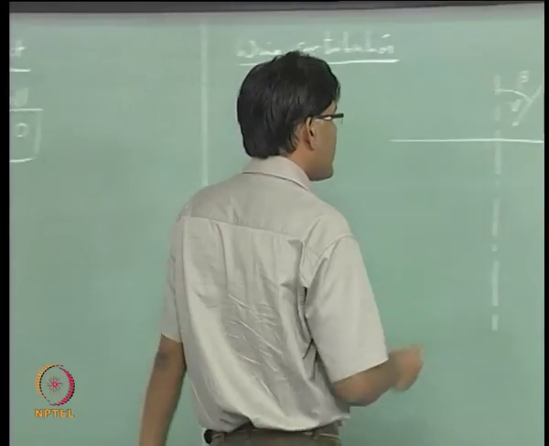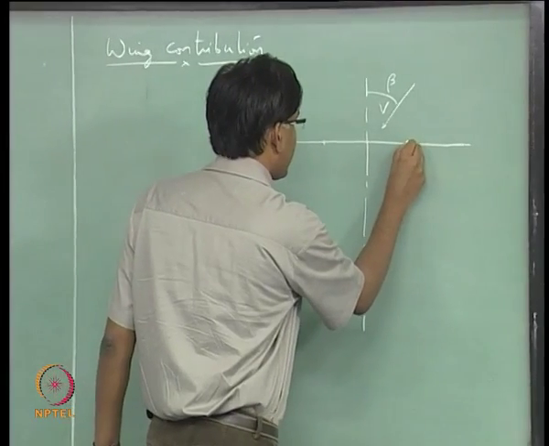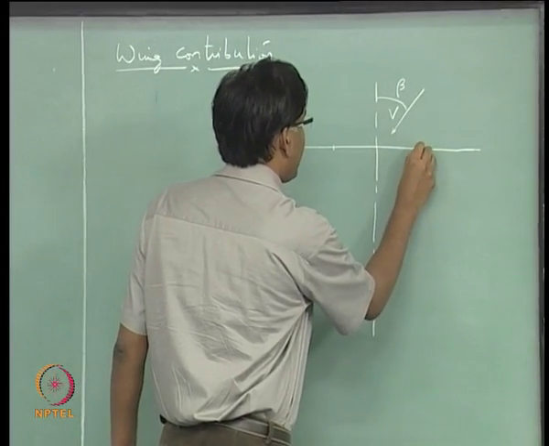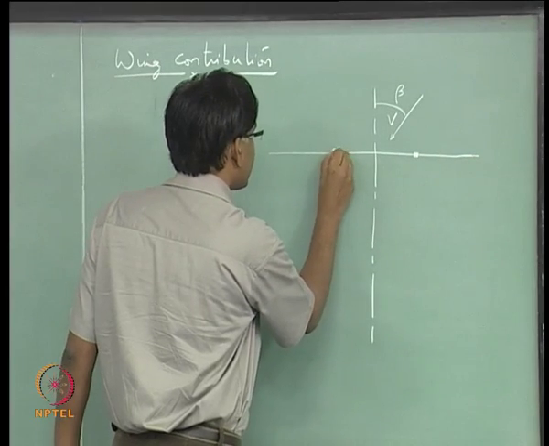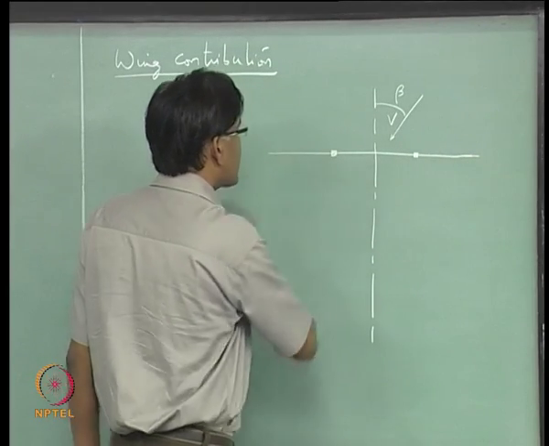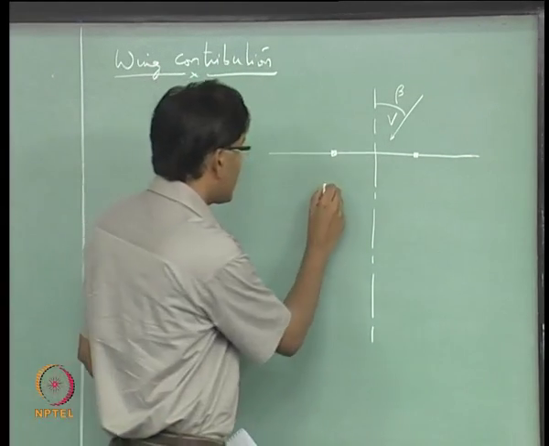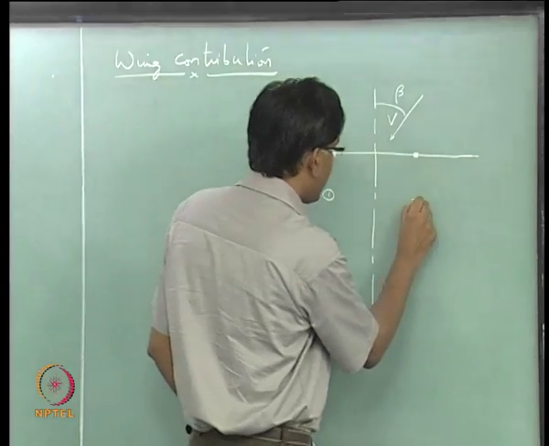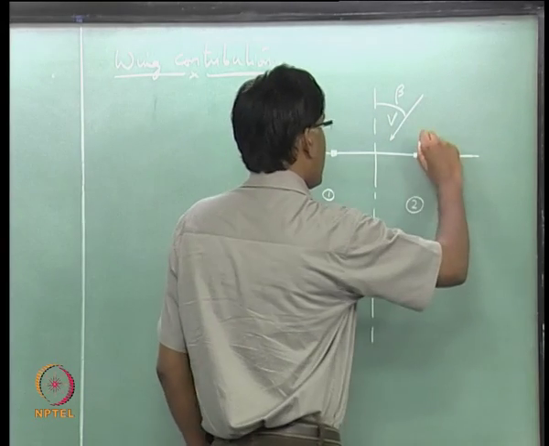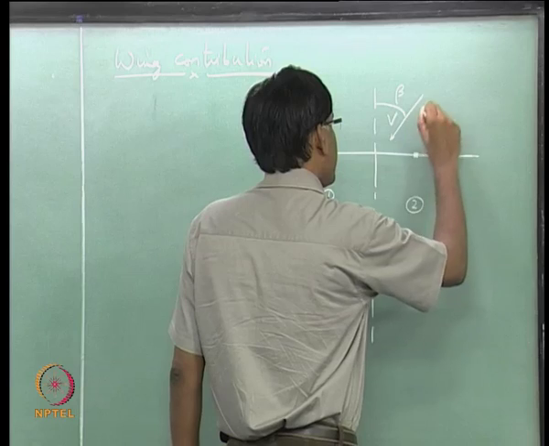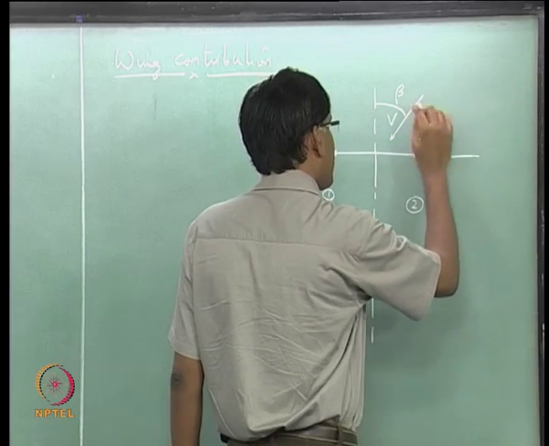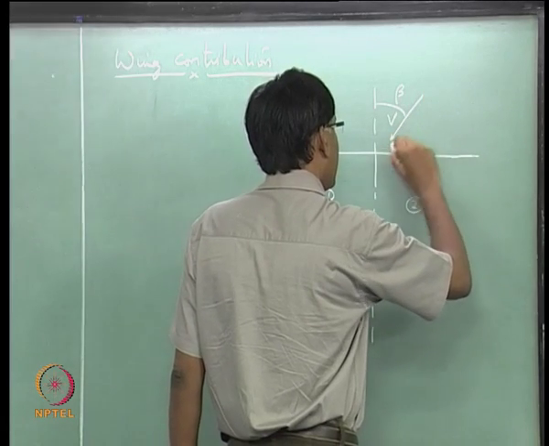So, we are looking at this section and an equidistant section on this side. Call this 1 and 2, and so let us say I am drawing this velocity again.